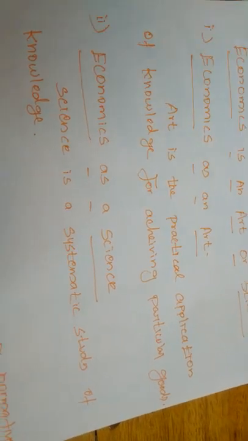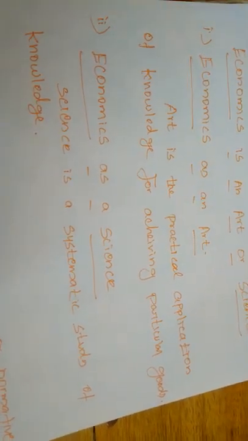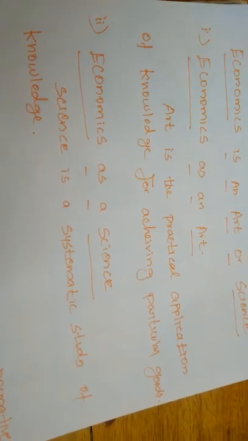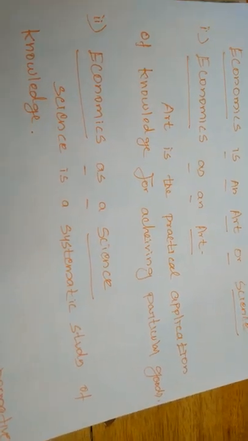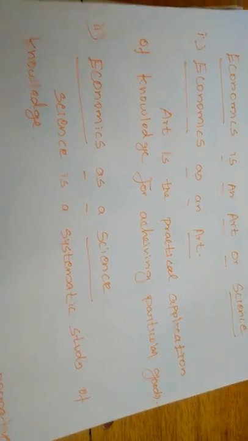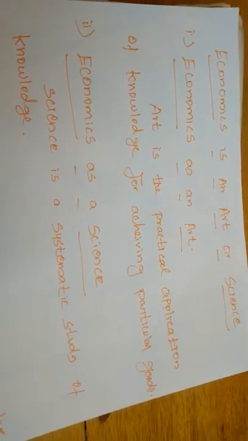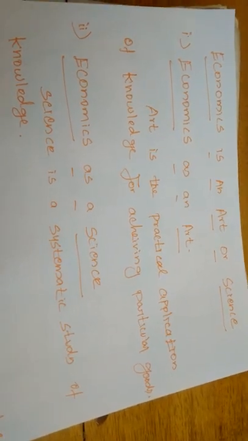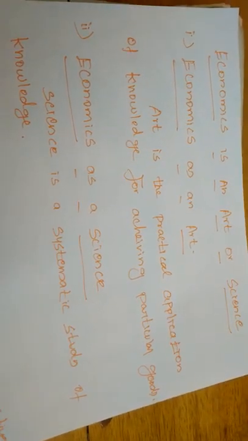For achieving the particular goal, we can apply economics as practical knowledge. The planning commission takes so much effort to achieve particular goals within a particular period of time. So we can say economics is an art.